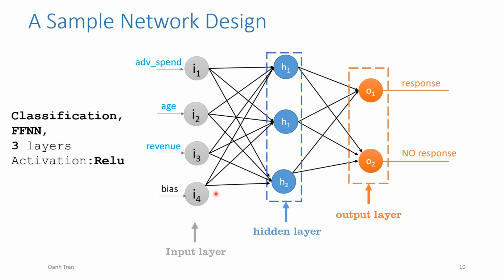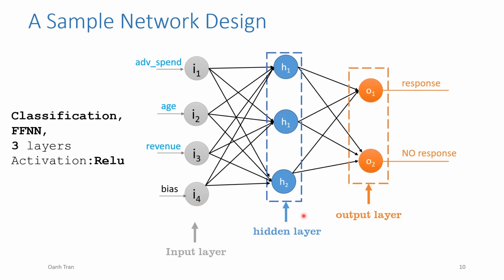I also add one more neuron, the bias, to allow the activation function to shift left or right, to introduce more complexity to handle the problem.